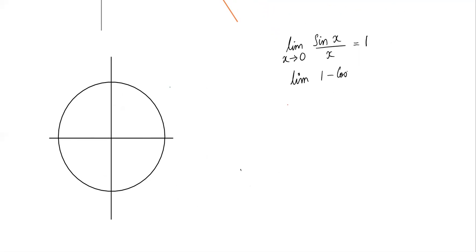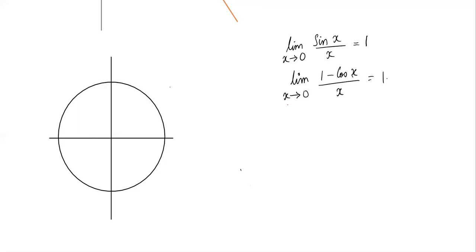Likewise, you have another situation where 1 minus cosine, hold on. Cosine x over x as x approaches 0 is 1.